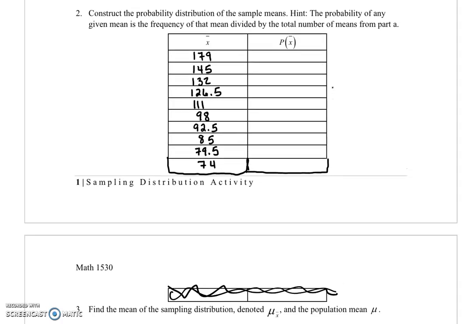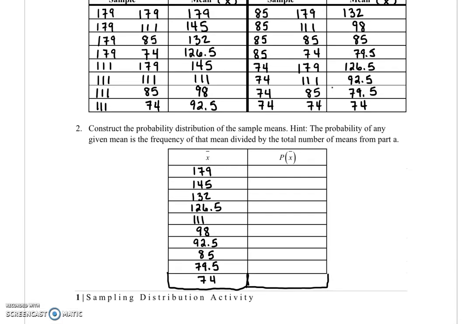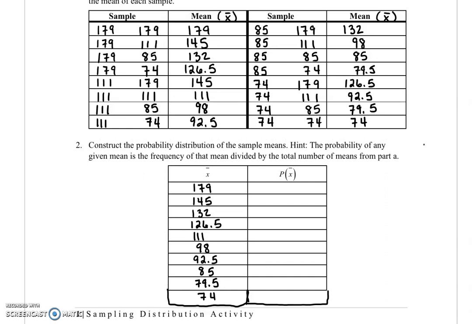Now, how do we find the probabilities? Well, let's go back up here. How many means do we have? We have 1, 2, 3, 4, 5, 6, 7, 8, 9, 10, 11, 12, 13, 14, 15, 16. So we have 16 total means.